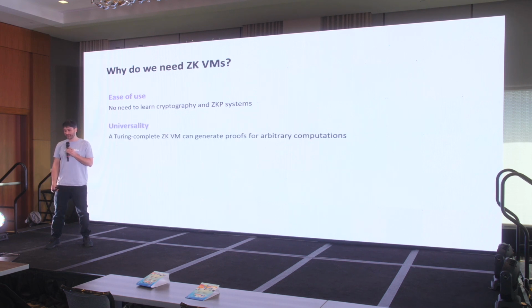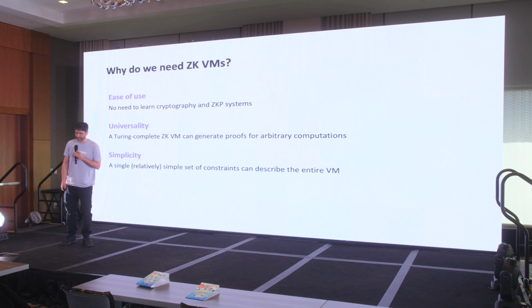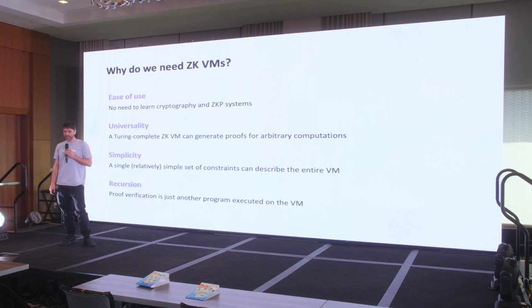It is universal, so a Turing-complete zero-knowledge virtual machine can execute any program and we get a proof out of it. It also is way simpler than doing circuits, so with a relatively small set of constraints, we can describe the whole virtual machine, and it's built for recursion, or rather recursion is way easier in a virtual machine context than if you would use circuits.